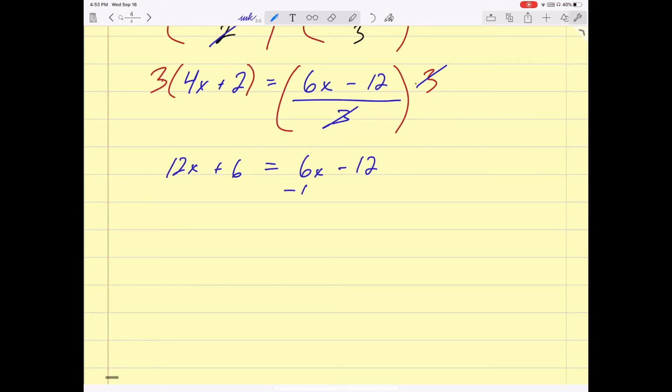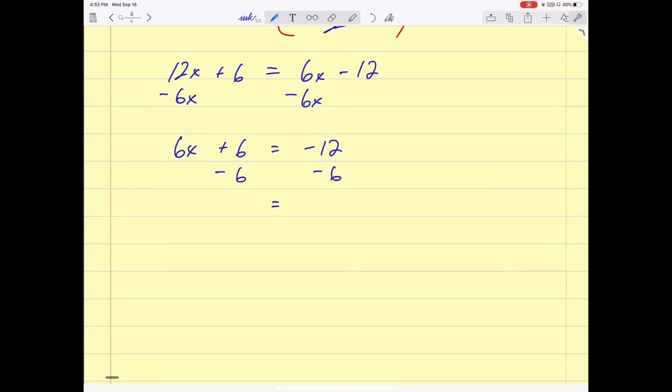Let's subtract our 6x to get 6x plus 6 equals 0 minus 12. And then let's subtract this 6 from both sides. And we would get negative 18, because if you're at negative 12 and then you go another negative 6, you're actually adding those. And we have 6x equals negative 18, and divide by 6. So x would be negative 3.